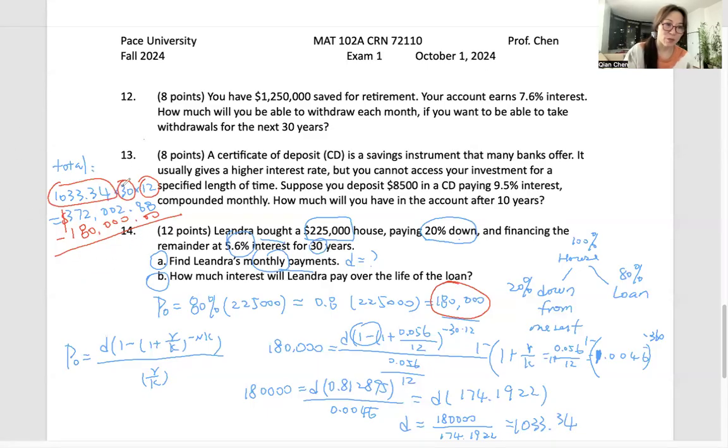Subtracting those two numbers, she paid $192,002.88 in interest.